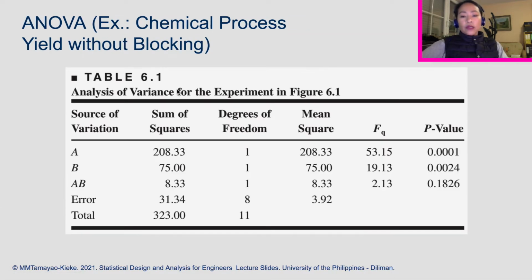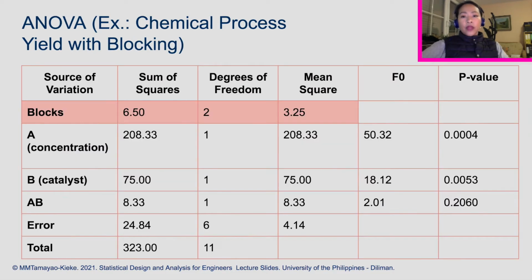Recall this table. This is actually the original ANOVA table for the original version of the chemical process yield experiment. So this is the result for the 2 to the 2 factorial design without blocking. Now with blocking, as you can notice here, we have an added row to show the sum of squares, the degrees of freedom, and the mean square for the blocks.